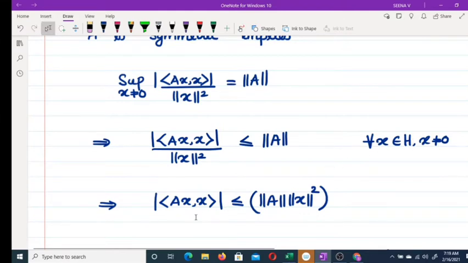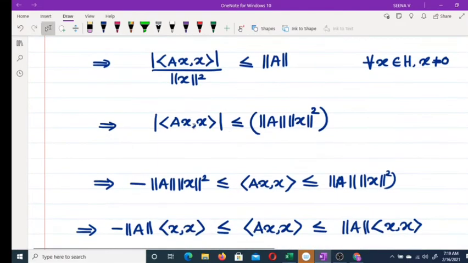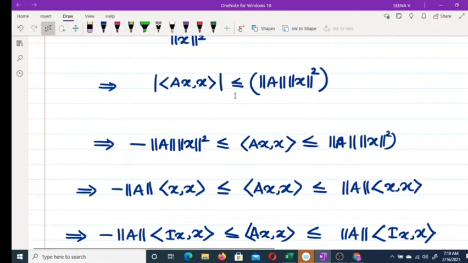Now inner product Axx is less than or equal to norm of A into norm of x square. From this, this is some number, and modulus less than or equal to that number means it is of the form modulus of x less than or equal to c. That means minus c less than or equal to x less than or equal to c.